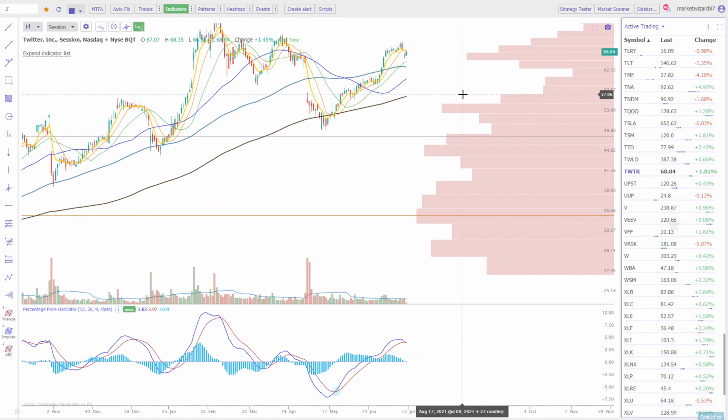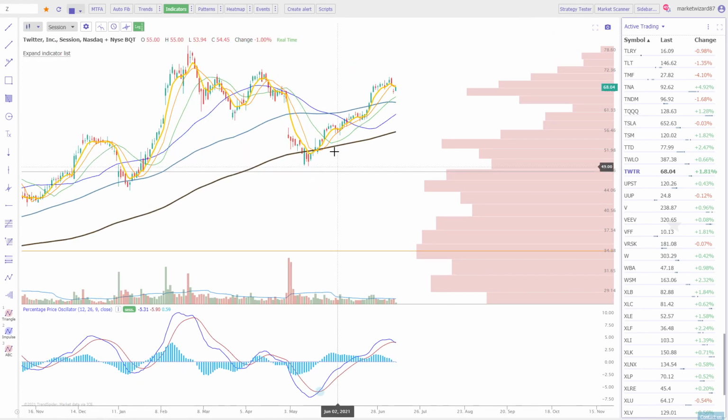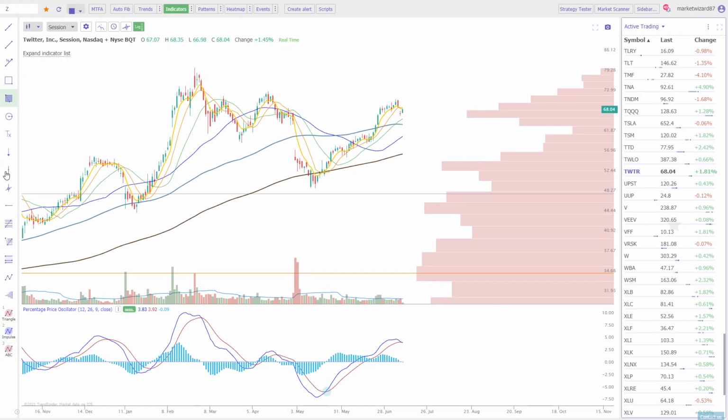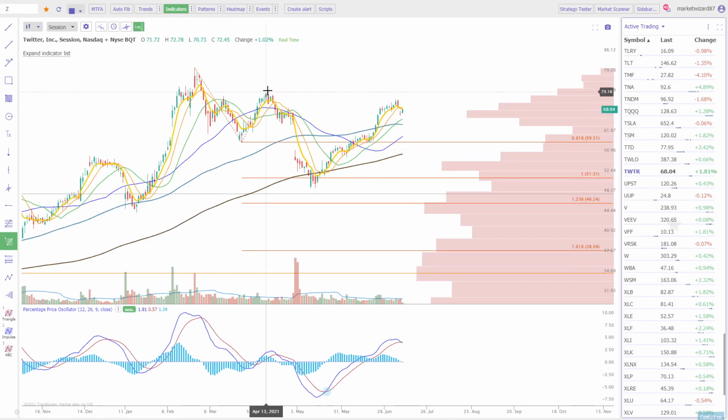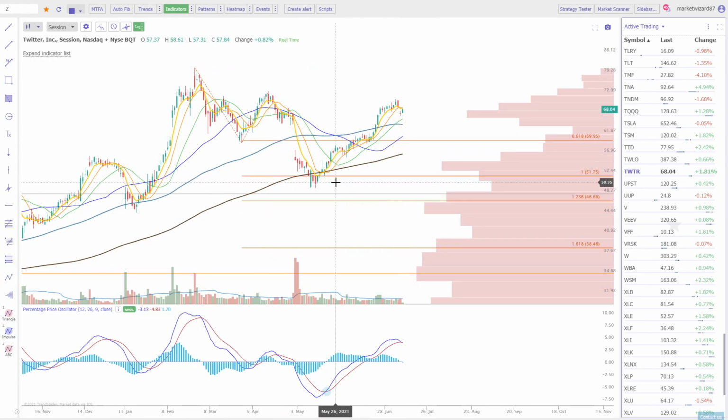So, coming in here, we had a very, very simple setup. When this ABC was in play, what was it here? Something like that. Yeah, 51.75. It became real simple. The closer we got to the 200 in 51.75, the closer we were to risk.